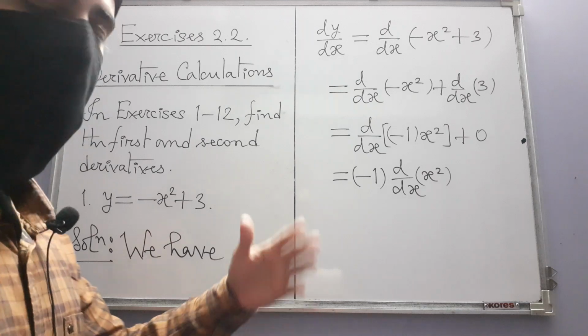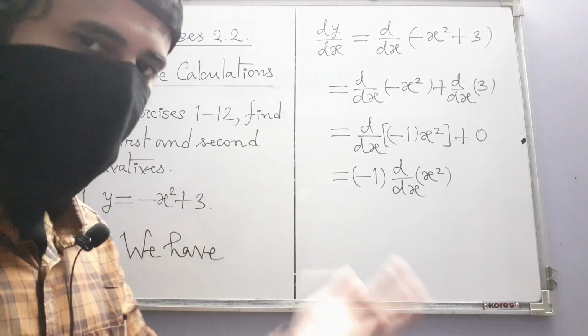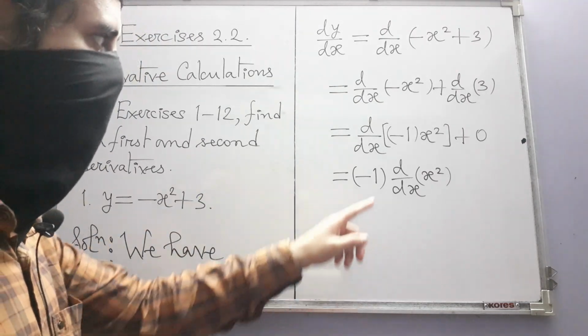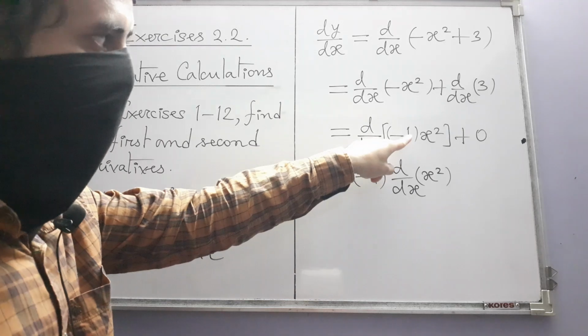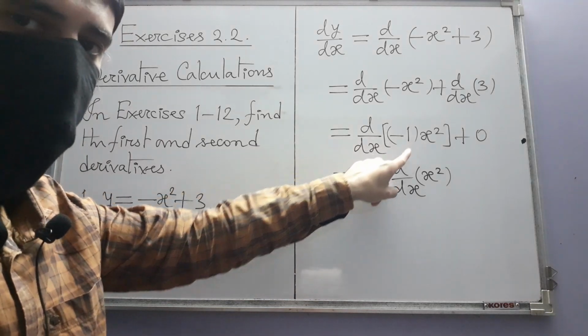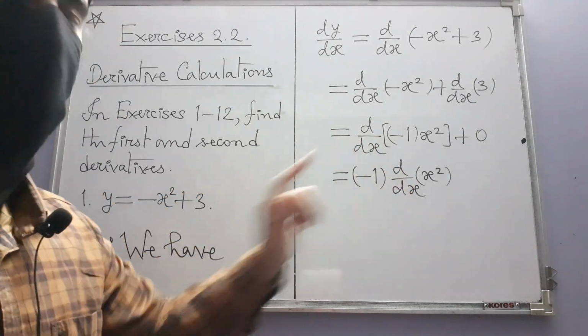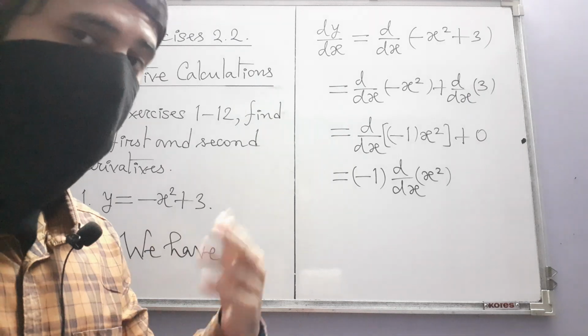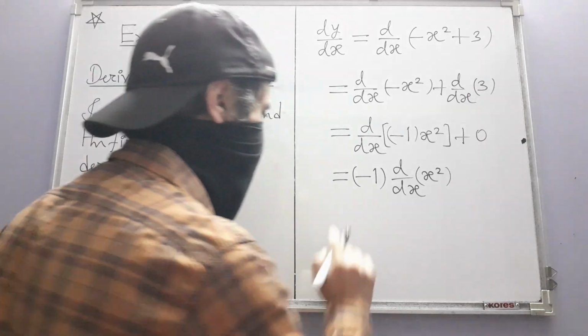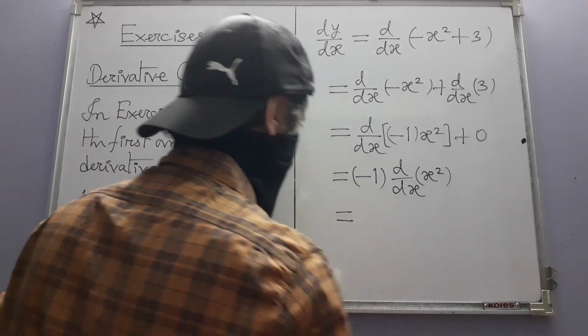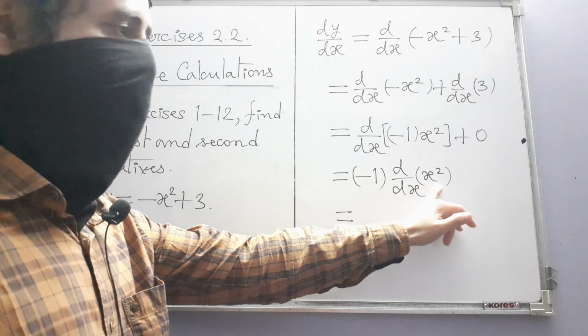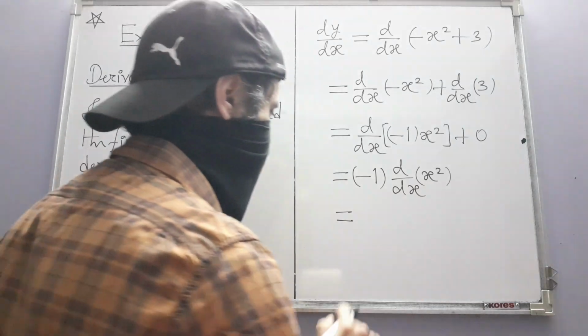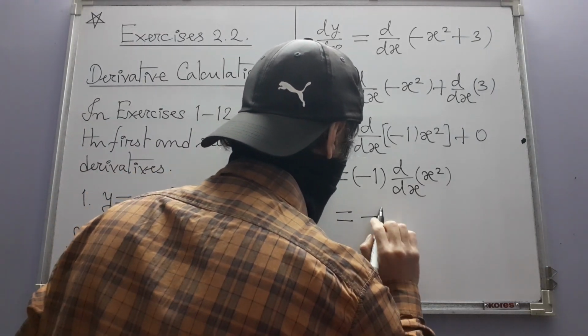To say it somewhat more casually, whatever constant you have here, that comes outside of the differentiation process. That's how you can remember it. And then we use the power rule here. So what does the power rule say?